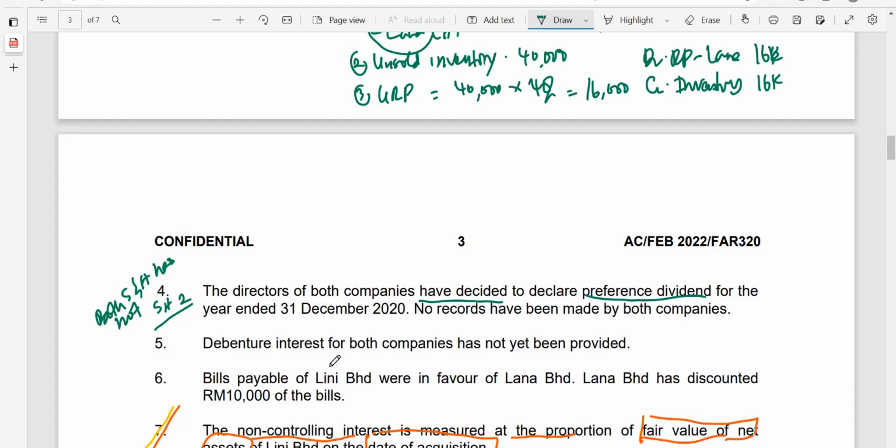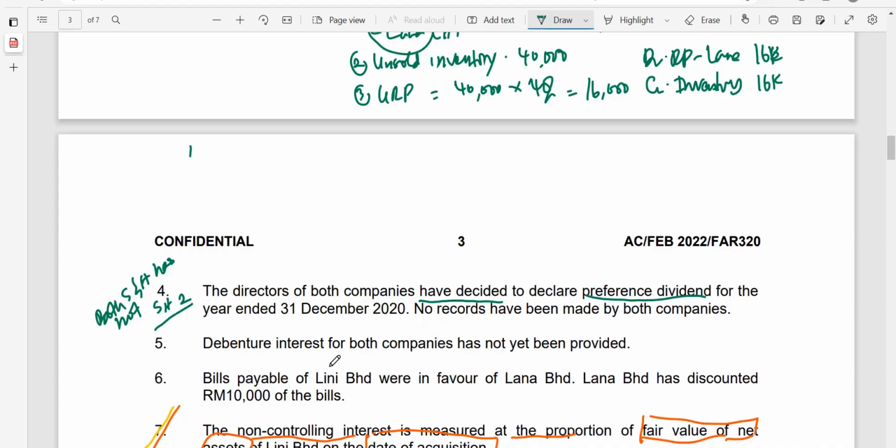So what you need to do is go and reduce the retained profit of Lini and Lana with the preference dividend, and on top of that, Lana has to also take credit of the dividends that Lini has declared for the preference dividend. So let's start off with Lana first to do what's supposed to be done by Lana as dividend declared by the parent itself.